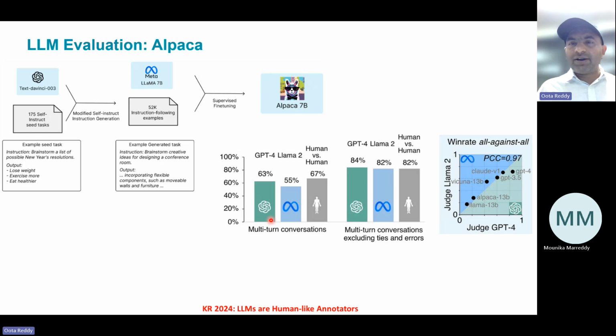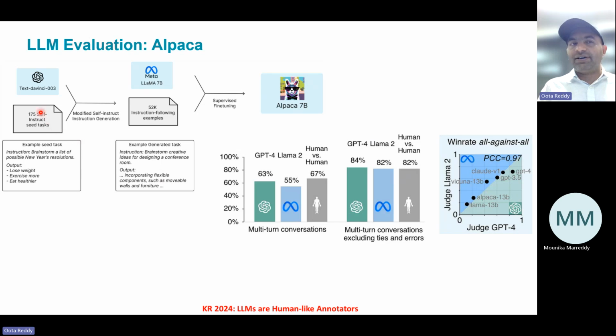One is Alpaca. Alpaca is an LLM-based automated evaluation metric. How does Alpaca work? They take a GPT-3 model, and they self-created some instructions, 805 instructions, which have good interaction with the user.